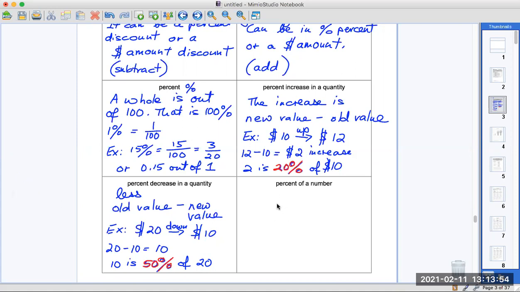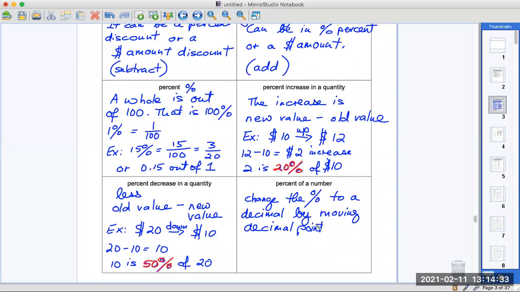Percent of a number. So to find the percent of a number, you change the percent to a decimal by moving the decimal point 2 spaces to the left.